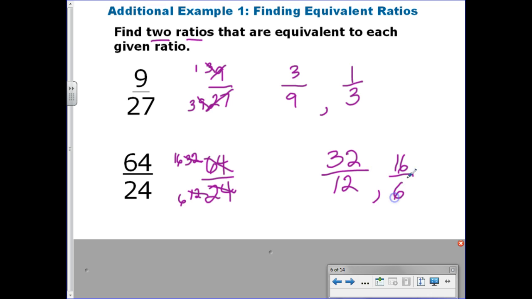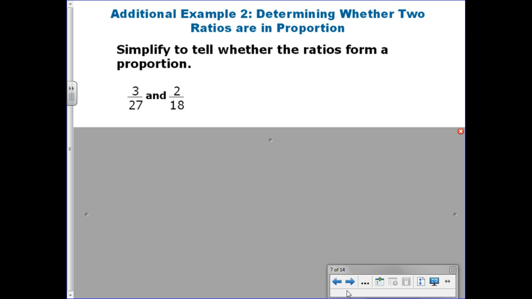And actually, oh my goodness, there are an infinite number of correct answers here. I could keep going till I get to simplest form. Here's another one, 8/3. Or I could even multiply both of these by something. I could take 64/24 and multiply it by 2/2, and I'd get 128/48. All of those are equivalent to each other. Okay? Cool. Now, why do we do that?